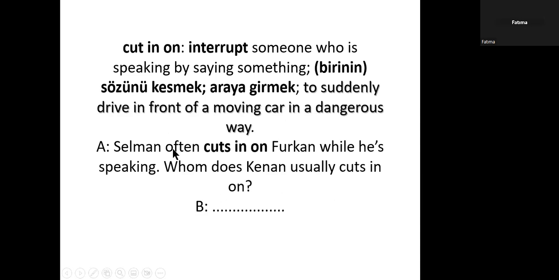For example, Selman often cuts in on Furkan while he is speaking. So this is interrupting. Selman often interrupts Furkan while he is speaking. Whom does Kenan usually cut in on? Kenan usually cuts in on Yasemin.